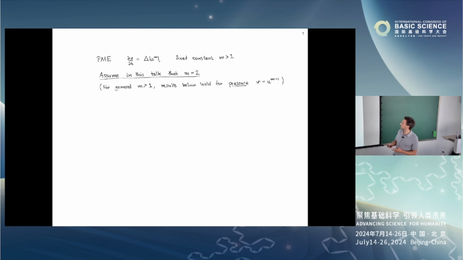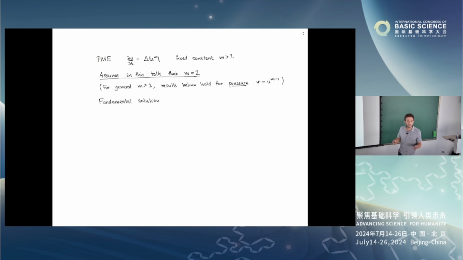The pressure is usually written v, and it's u to the m minus 1, and you'll notice that when m equals 2, you have this coincidence: the pressure is the same as the density, and that's going to simplify things a little bit for us. What you'll see is that a lot of the results I'll talk about will, in general, hold for pressure rather than for density, but we're in the case where density and pressure are the same.